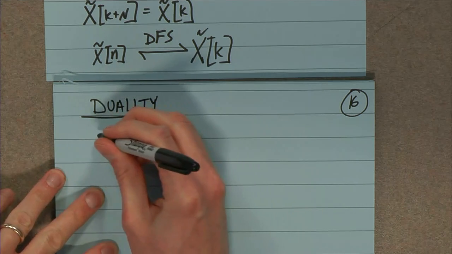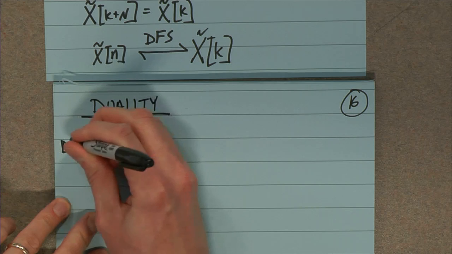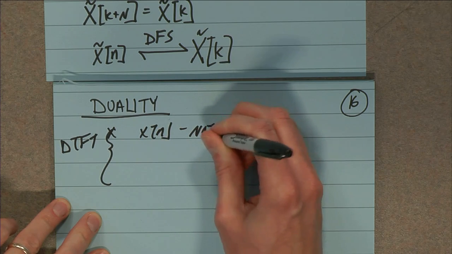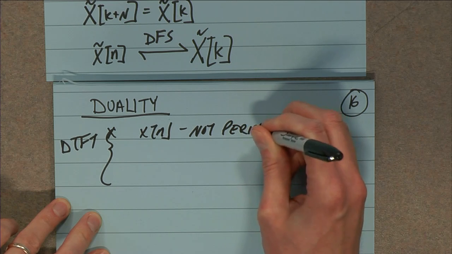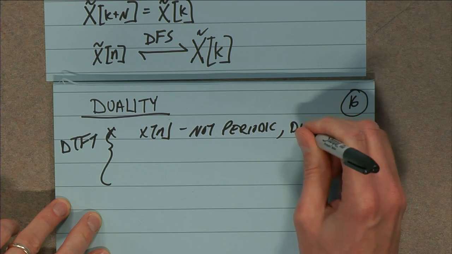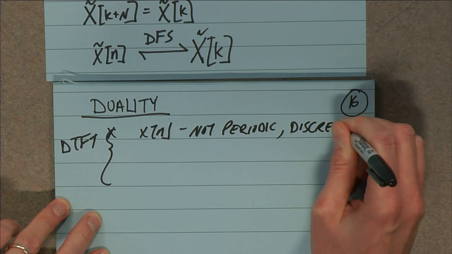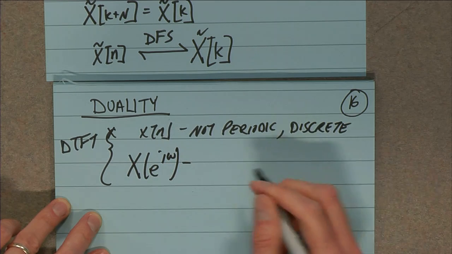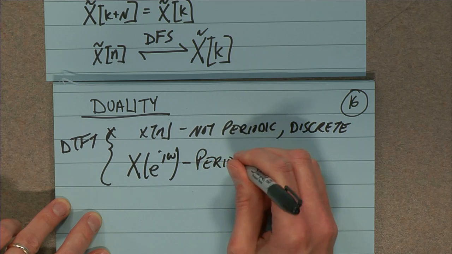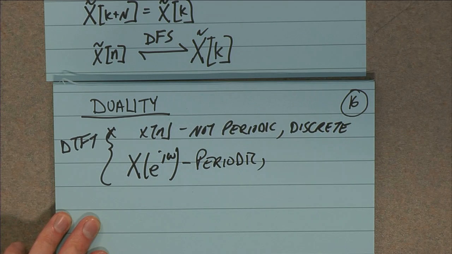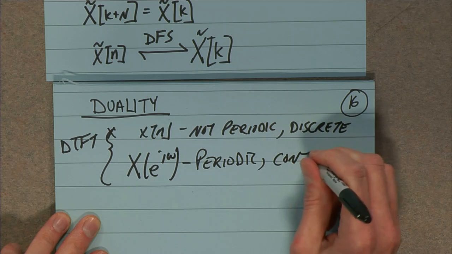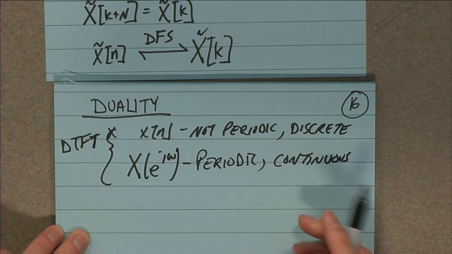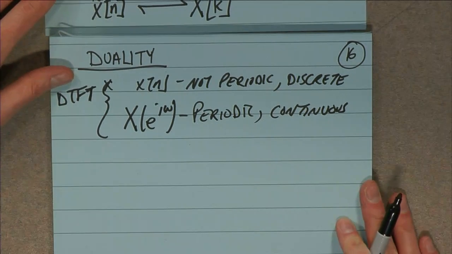Well, for the DTFT, x of n was not periodic, and it was discrete. And remember, X of e to the j omega was periodic, period 2 pi, and it was continuous. As I mentioned before, these are very different animals, and there is no duality property.